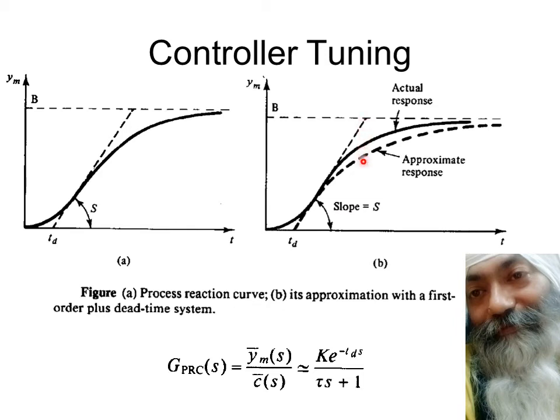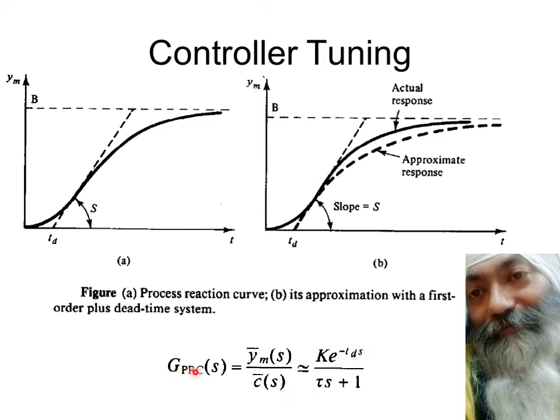If this is the height b and this is tau, then b upon tau is equal to the slope. Conversely, you can find the value of tau from this slope, which is known, and from b, which is known. So that tau is used here, this td is used here.